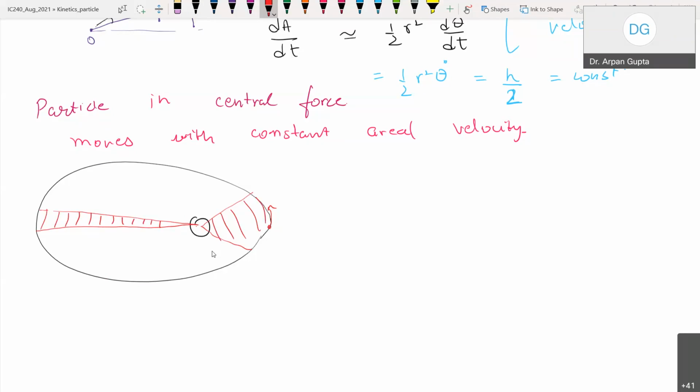So here you can see the closer it gets to the central planet or sun, the faster it moves. Its angular velocity in this region is going to be large, so that it covers the same amount of area compared to the same satellite which is moving far away from the planet. Again, in the same time, it has to cover the same amount of area, right? So that's the idea, that the areal velocity is the same, and therefore here it moves fast and here the satellite moves slowly.